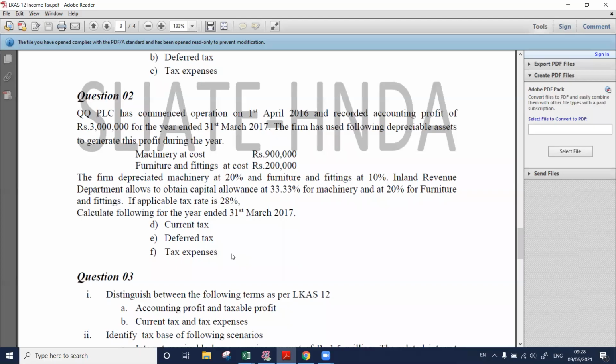The firm depreciated machinery at 20% and furniture and fittings at 10%. Accounting depreciation rates are given, 20% and 10%. Inland Revenue Department allows capital allowance at 33.33% for machinery and 20% for furniture and fittings. Capital allowance rates. If the applicable tax rate is 28%, we need to calculate again what is the current tax, what is the deferred tax, and what is the tax expense.